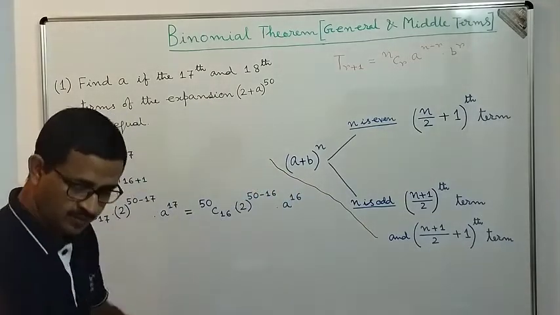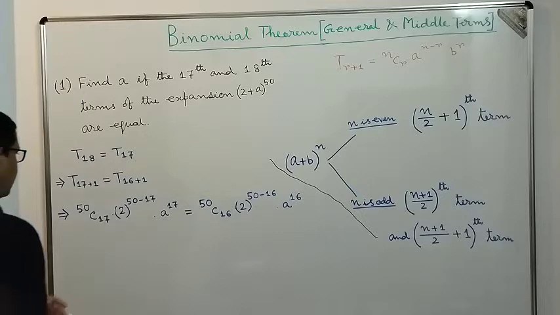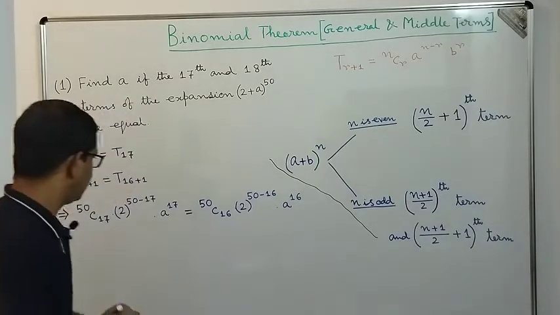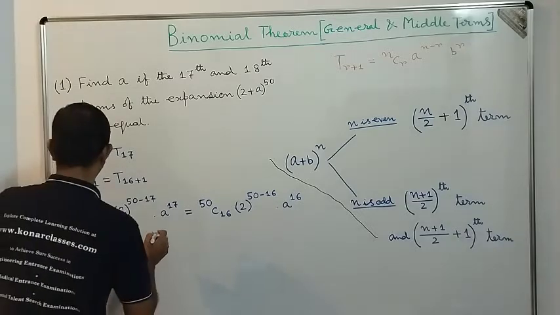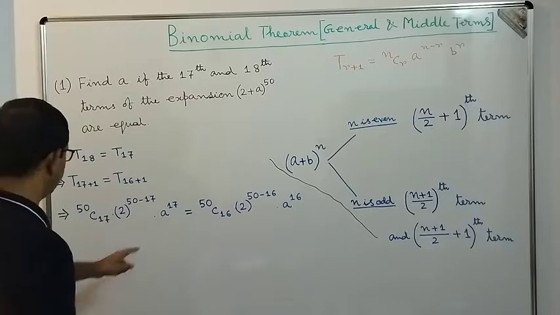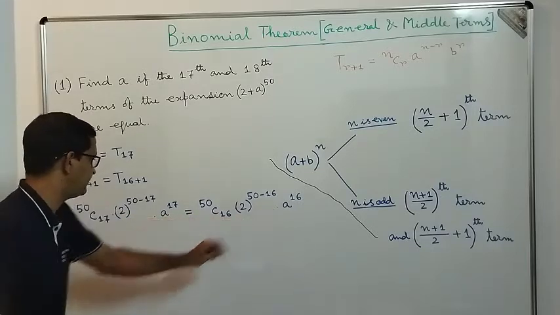Correct? Now, from this equation, all you need to find is the value of a. So, how to find that one? Here we can write a^17 by a^16.